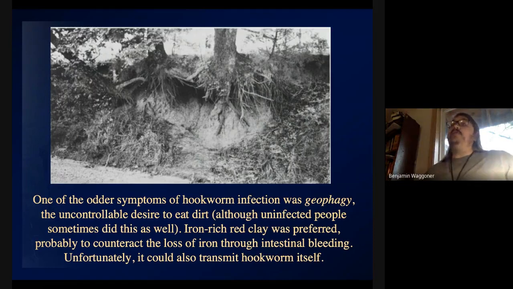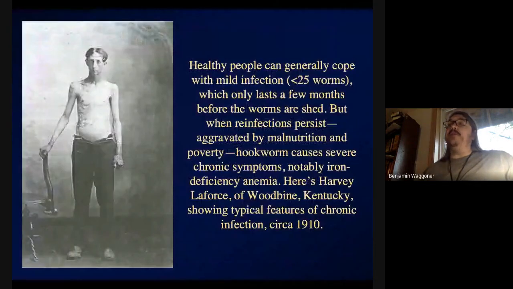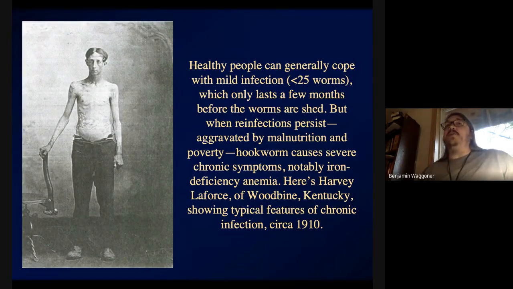As I mentioned, each worm may only survive for a few months before being shed. Mild infections may not be symptomatic. If you only have a few, you can cope with that. But when reinfections persist, when you're constantly getting infected because you're constantly putting your bare skin on soil within a few feet of a place where somebody has copped a squat in the preceding few months, you're constantly getting reinfected.